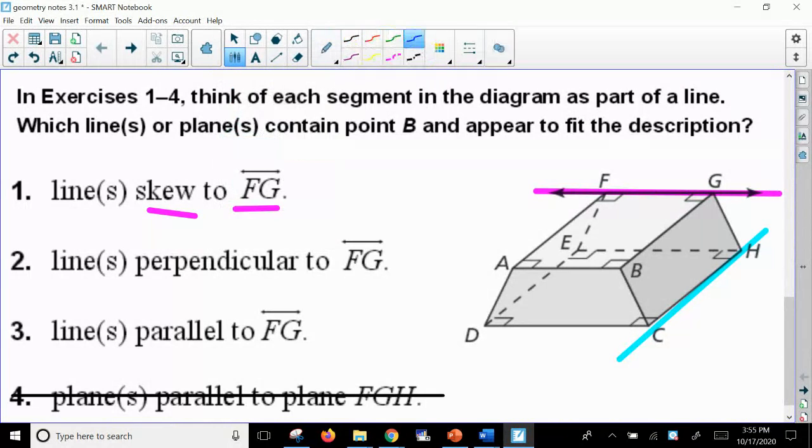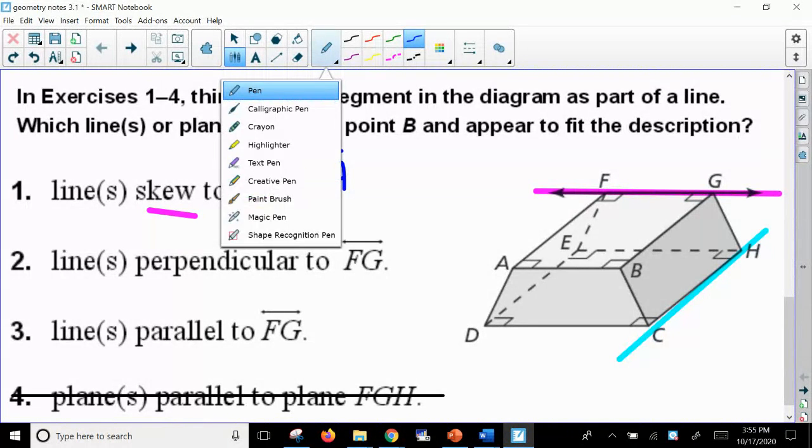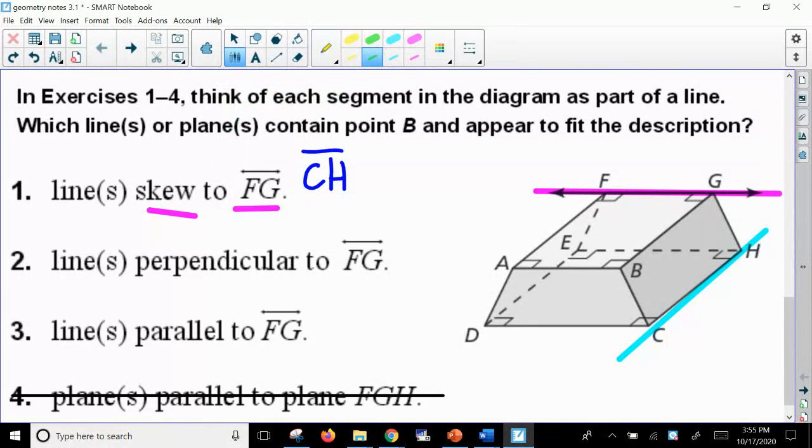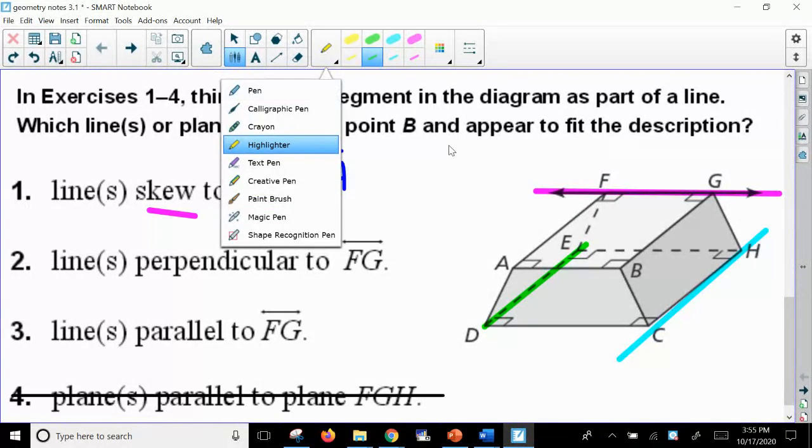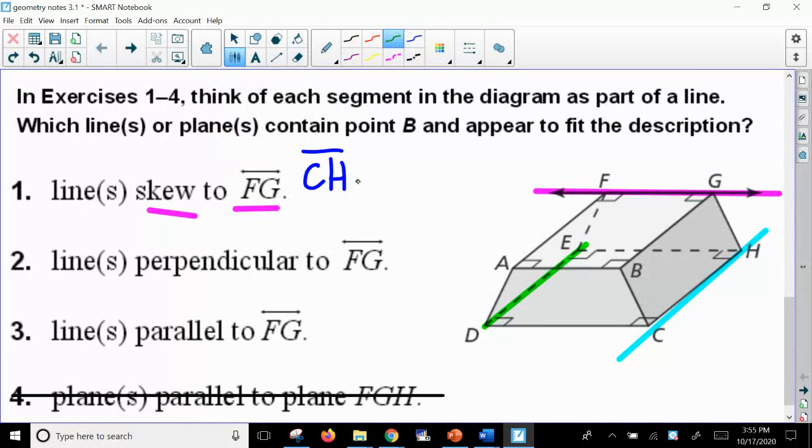So far we have CH. Also, you could have said DE. DE is also on the bottom of the box and FG is at the top. So those lines will never intersect. So DE.